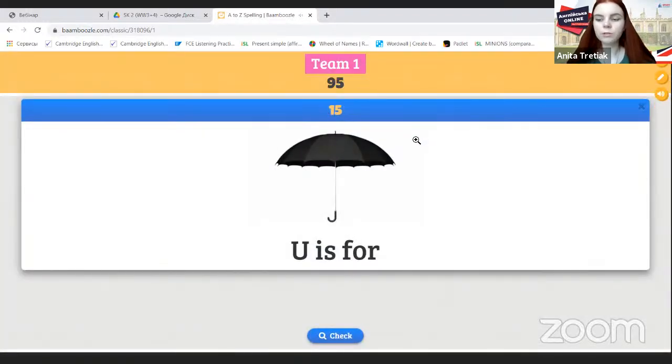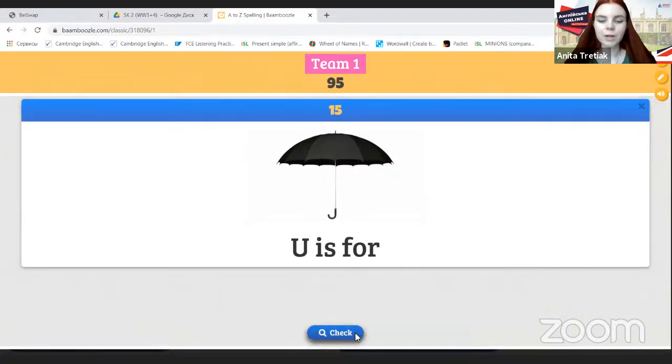U is for. So what can you say about this one? Yeah, you're right here again. That is umbrella.